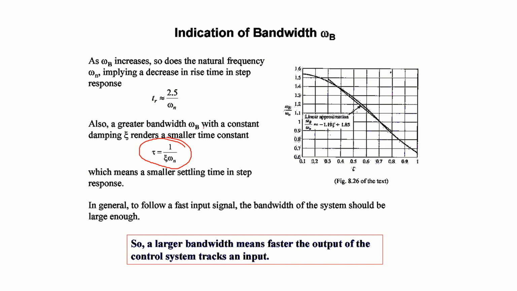A greater bandwidth with a constant damping renders a smaller time constant, and a faster response. Okay. So a larger bandwidth means the output of the control system tracks an input faster.